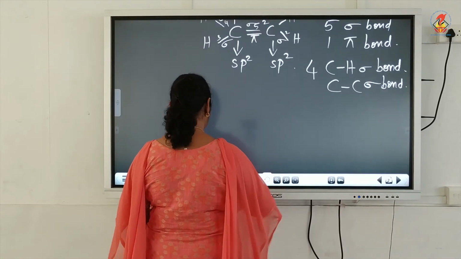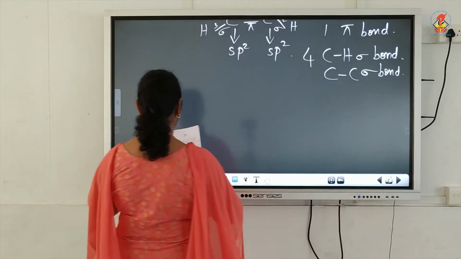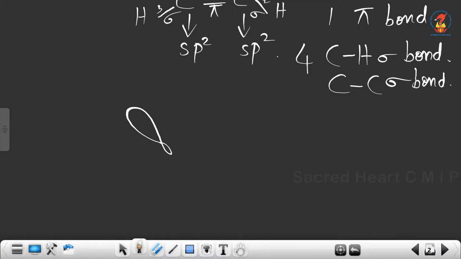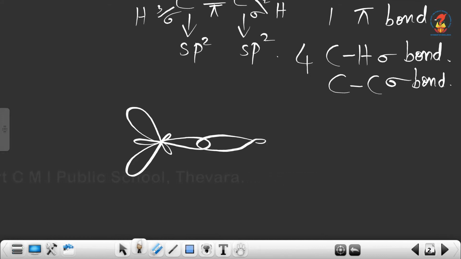Now we have to show the Sp2 hybrid orbitals of the 2 carbon atoms. So this is the Sp2 hybrid orbital of the first carbon atom. Now I am going to show the overlapping for the CC sigma bond with the second carbon atom. So this is that overlapping.